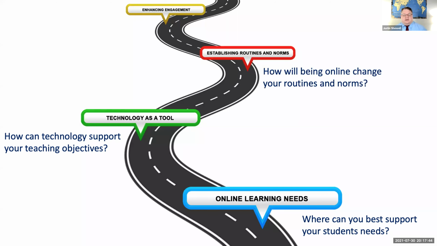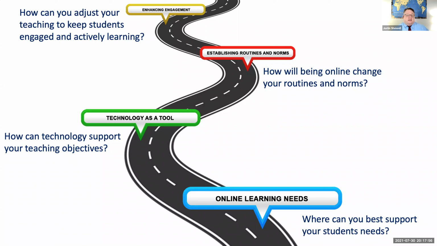And then we talked about establishing routines and norms. And so the question for you to think about is, how will being online change your routines and norms? And then lastly, we talked about enhancing engagement. So think about how you can adjust your teaching to keep students engaged and actively learning.